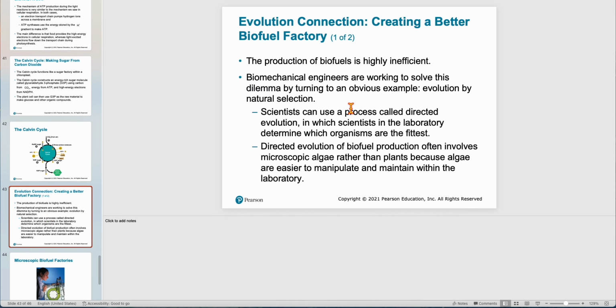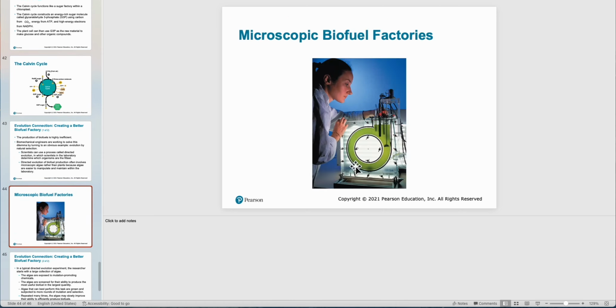All right, now this is all about biofuel here. So there is a way that we can now get algae and all that to actually produce more and more glucose, or more and more of some type of biocarbon-based structure in a form of almost like gasoline. And that's what they're doing here. So they're making biofuel in this example.